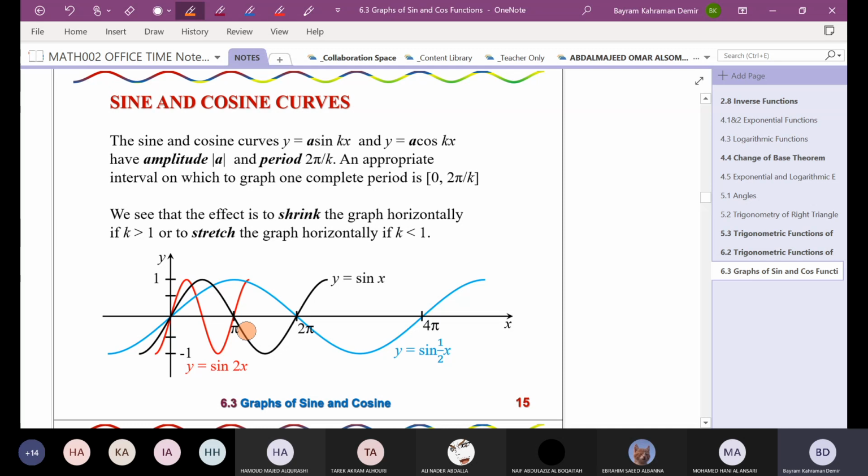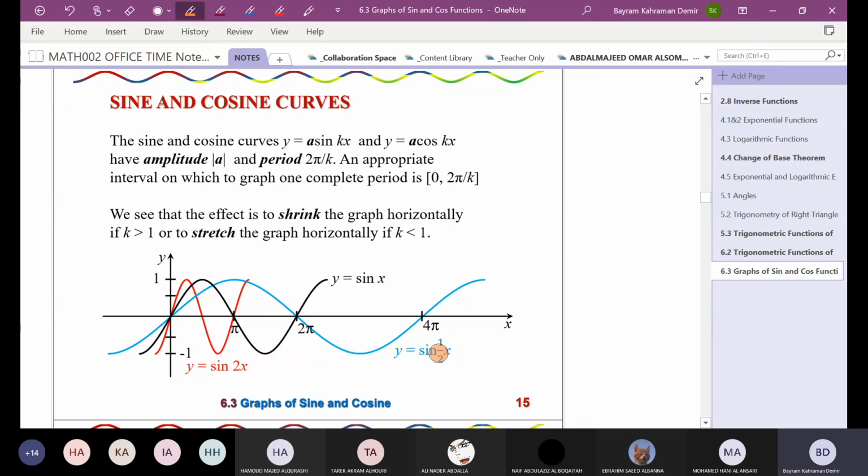And as you see, it is stopping at pi. But the normal sine function starts from the origin, right, Shabab? It goes up and stops here at 2 pi. This is one period.